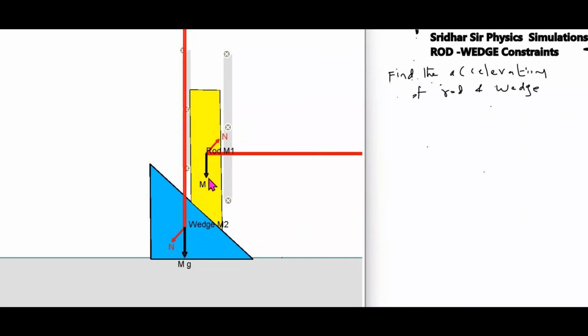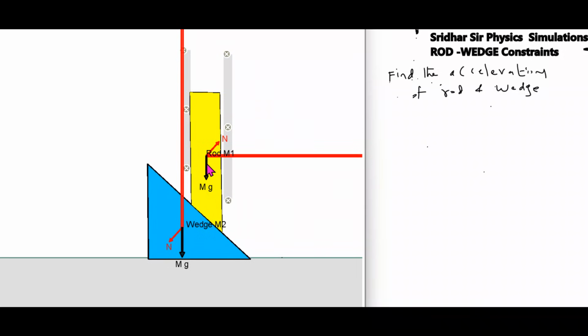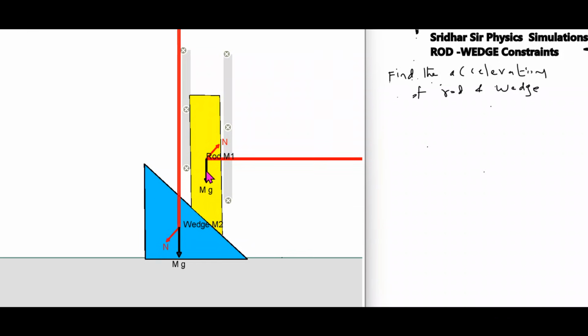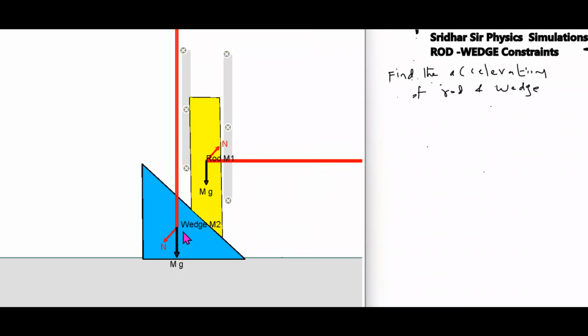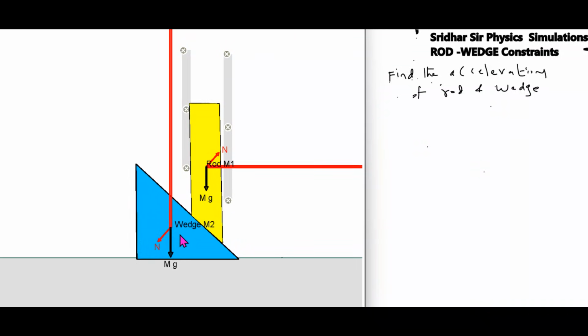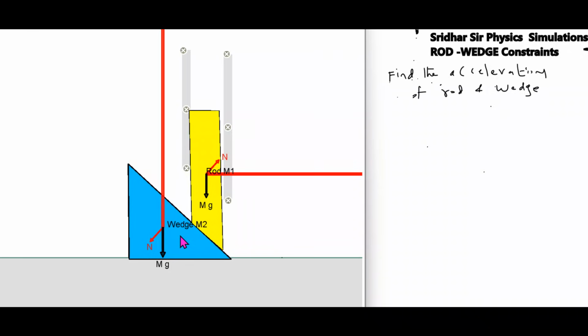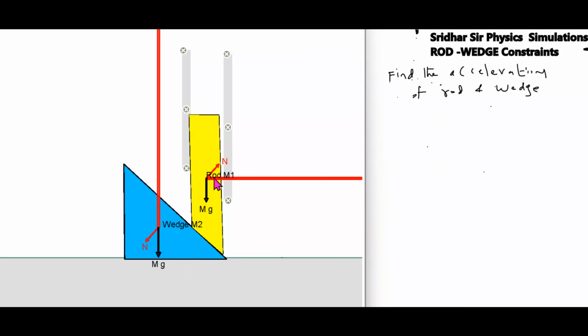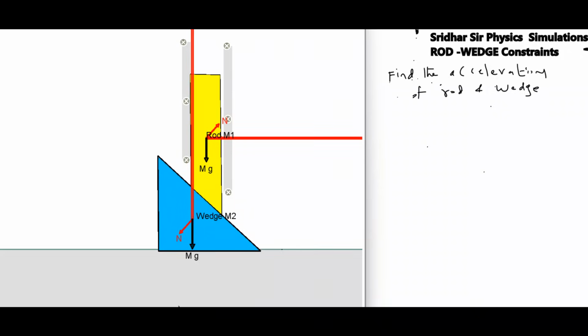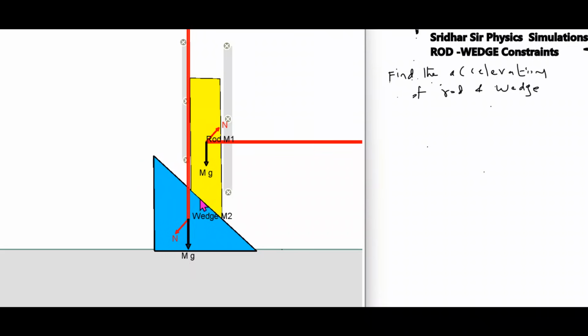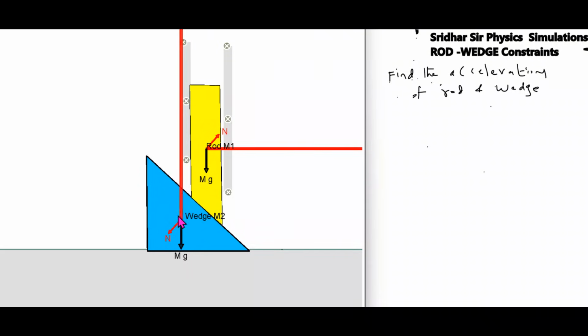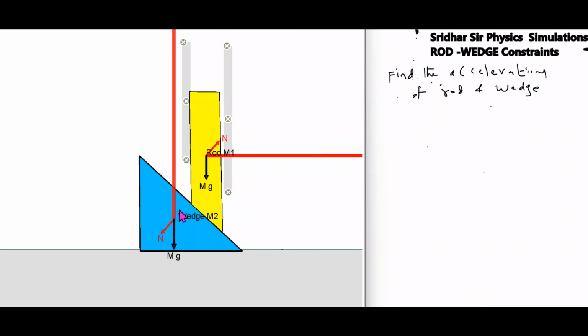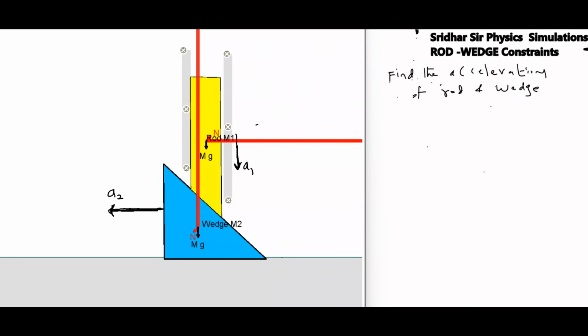You can see clearly the rod is made to slide only along the y-axis, and the wedge will move along the x-axis. There's a basic constraint equation that we have to generate here. The rod is moving along the y-axis and the wedge is moving along the x-axis. Now, kids, we have to write the constraint equation.